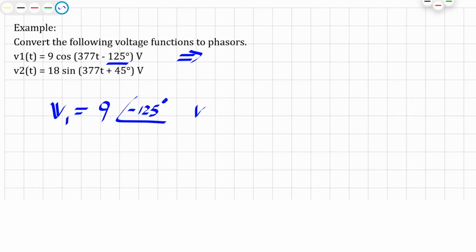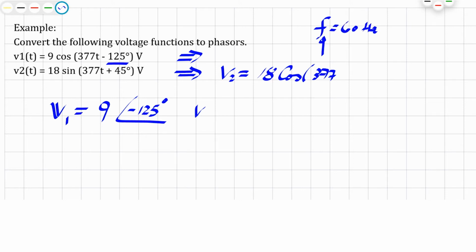Now for V2, what we have to do is we notice this is a sine function. And the first thing we need to do is convert V2 from sine to cosine. So that's 18 times the cosine of omega t, where omega is 377. By the way, this omega corresponds to a frequency of about 60 hertz. And then plus 45 degrees.